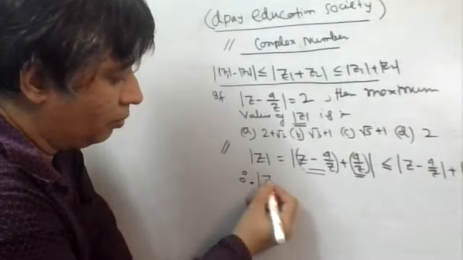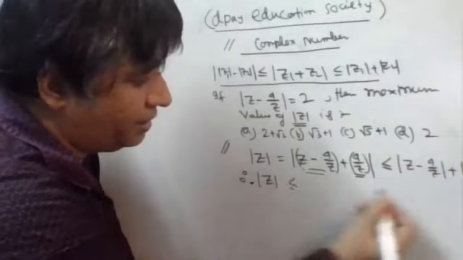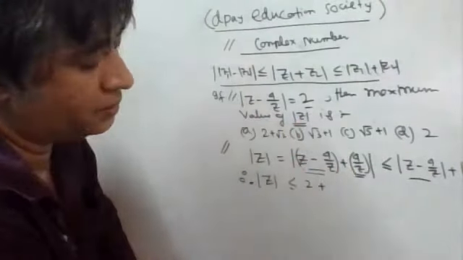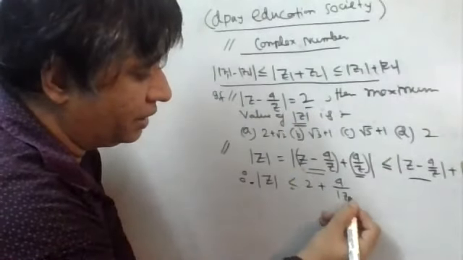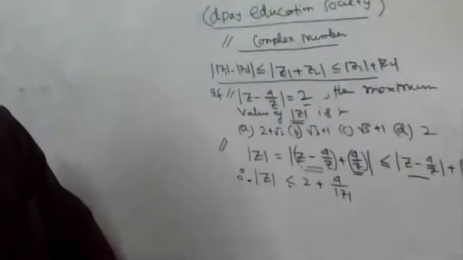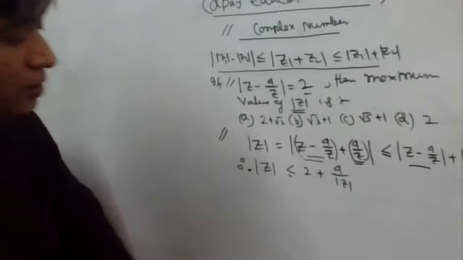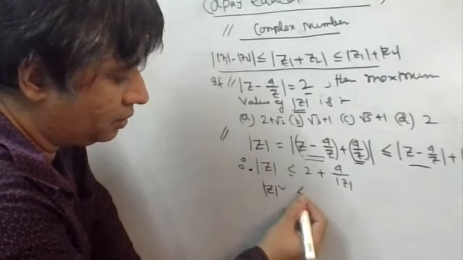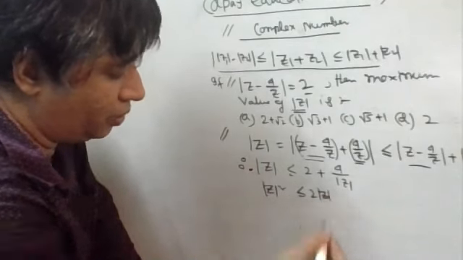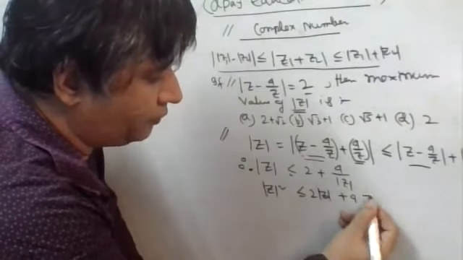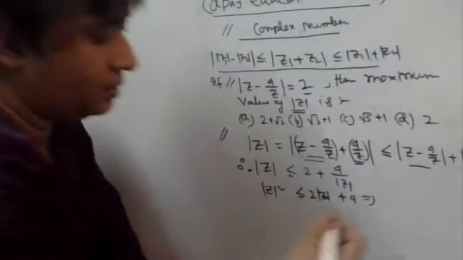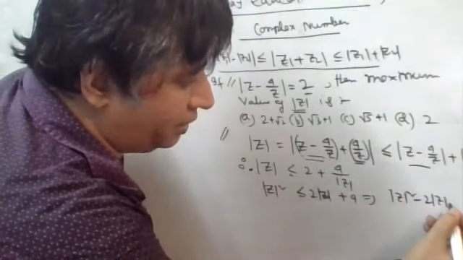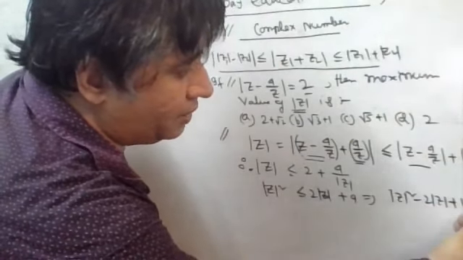So mod z is less than or equal to, this result is given in the question as 2, 2 plus 4 by mod z. So our job is almost over. We are on the verge of conclusion. Cross multiply: mod z square is less than or equal to 2 mod z plus 4. That gives us mod z whole square minus 2 mod z plus 1 less than or equal to 5.